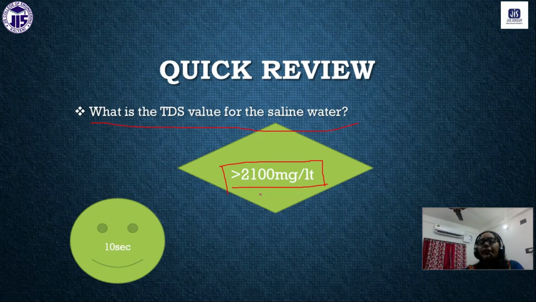Saline water means many salts are dissolved in this water, like seawater. In seawater there are many salts, so we cannot consume it. There are salts like sodium chloride, potassium chloride, and calcium chloride dissolved in the water, and the water becomes saline.